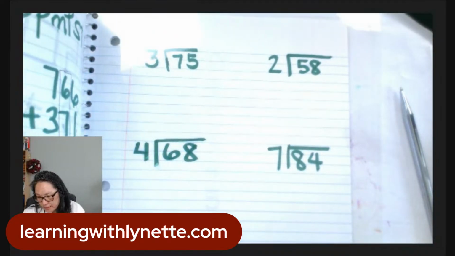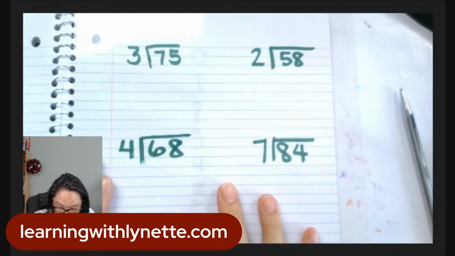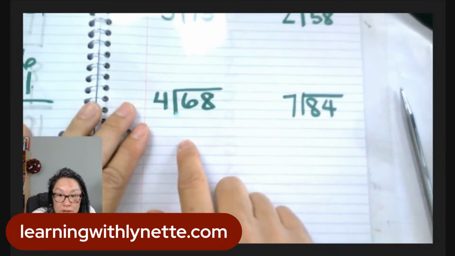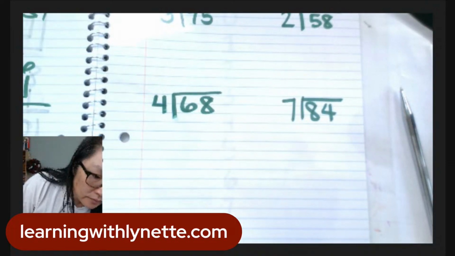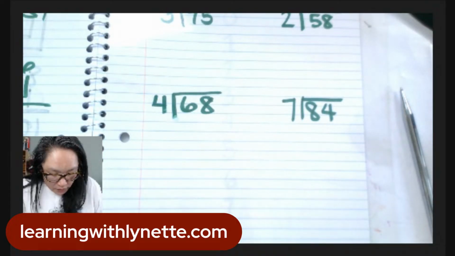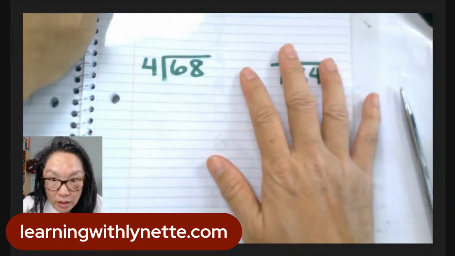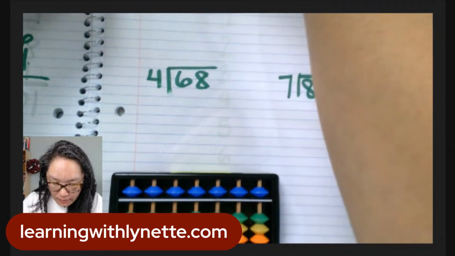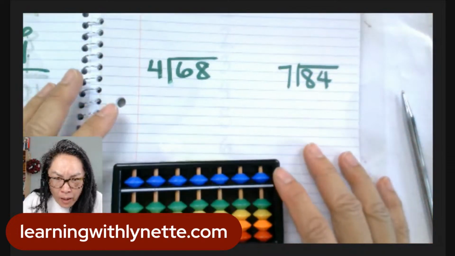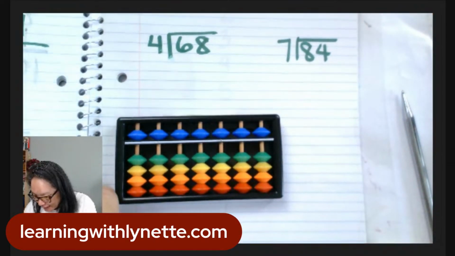Let's see if we can do this. Let's do that one. The first thing we're going to do is we're going to understand where we're going to put our number. Where are we going to put our number?